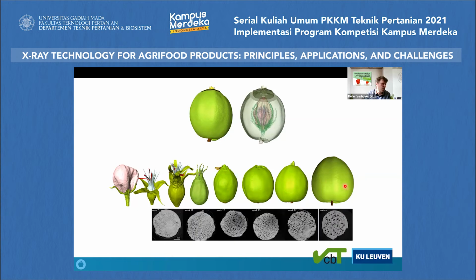We don't want to only look at morphology, but also microstructure. As I told you in the beginning, this porosity is a crucial factor, we think. So we also take tissue samples from these fruits to explore how these pores and the air spaces in these tissues are established.